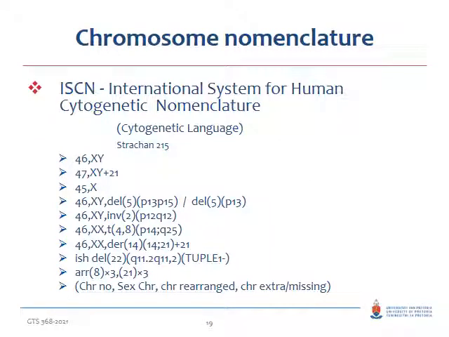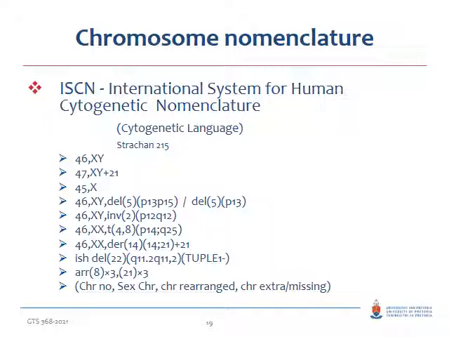Chromosome structure is always described in a universal language according to the International System for Human Cytogenetic Nomenclature, ISCN. We use the chromosome number, thereafter the sex of the individual, the number of the chromosome that's deranged, followed by extra and missing chromosomes.